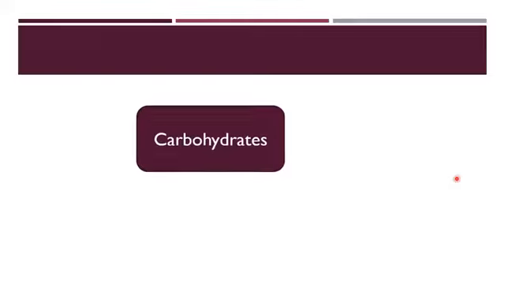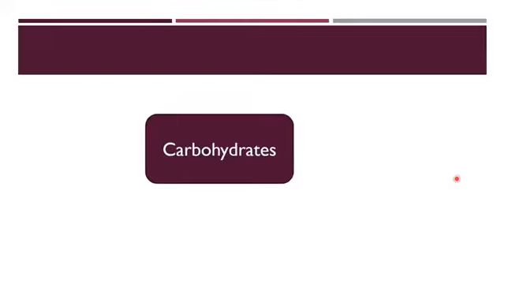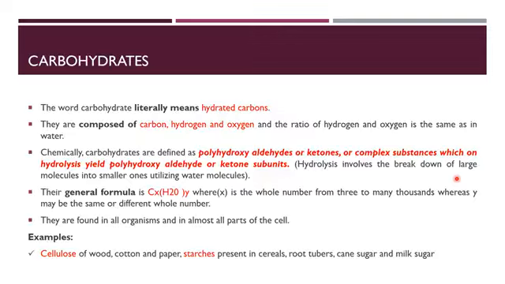Now, we'll discuss carbohydrates in detail. The most important biological molecules we have to discuss here are carbohydrates, lipids, proteins and enzymes. One by one we discuss them. First of all, the carbohydrates. The word carbohydrate literally means hydrated carbons.